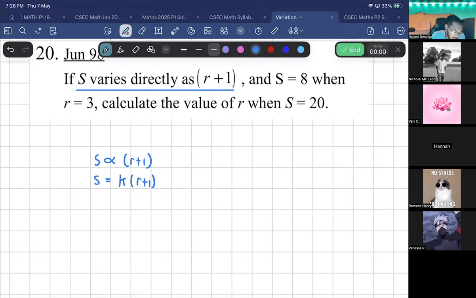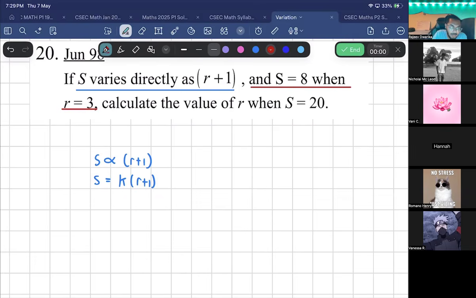Okay. So Hannah, what do we need to solve for over here now? The K. Yeah, what does K stand for? The constant of proportionality, right? To find K, we need an ordered pair, right?